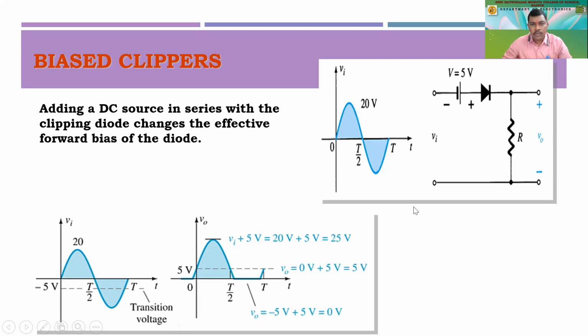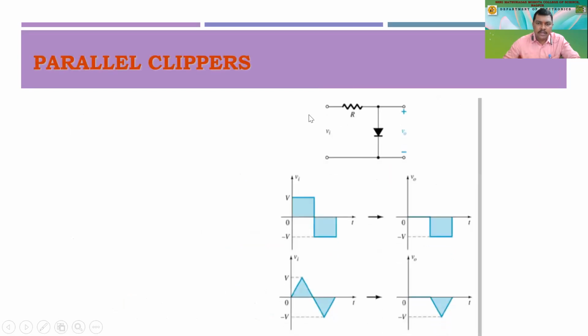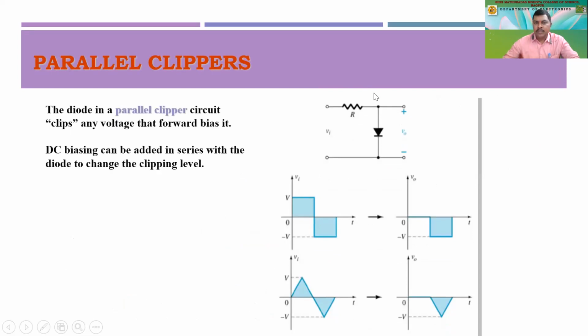So this is the DC source in series. Up till now we have studied the parallel shunt type of clippers. Now here we are going to study the biased clippers in series, right? So we have parallel clippers like this, which we have seen. For parallel clipping, we have the negative half coming out of it.